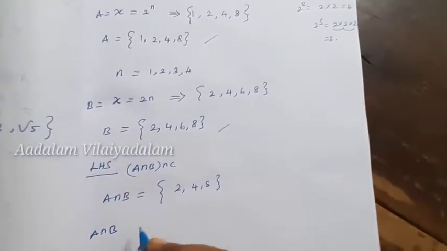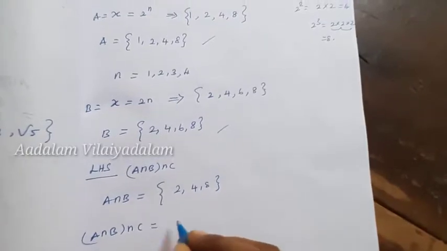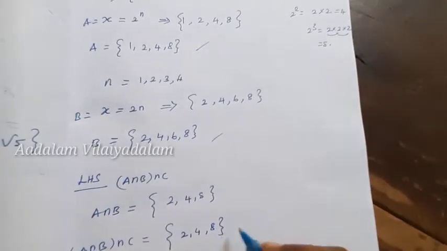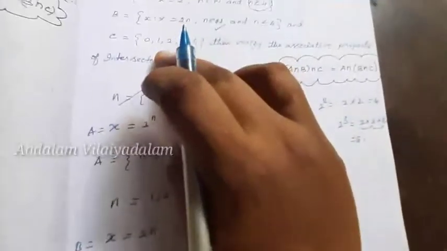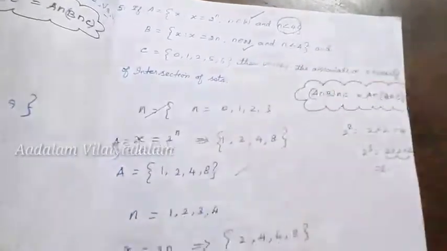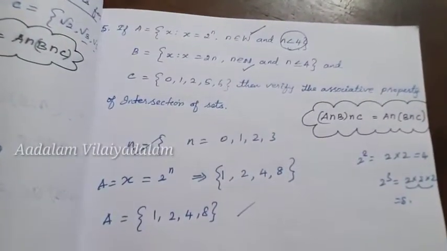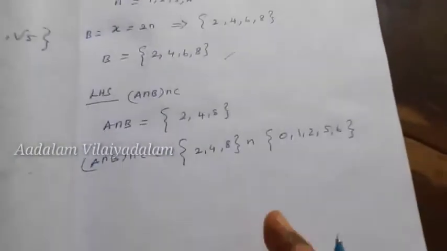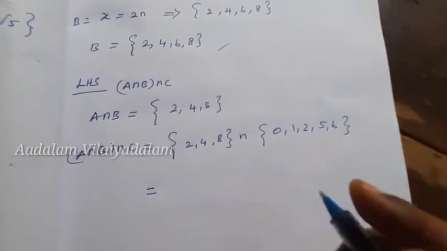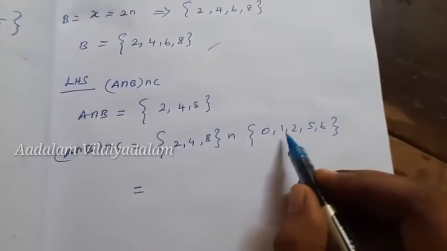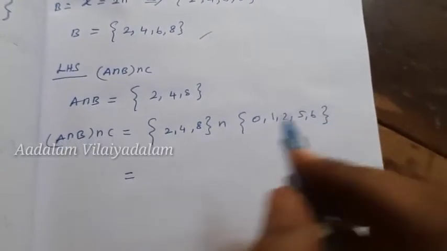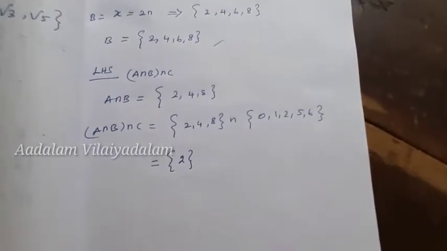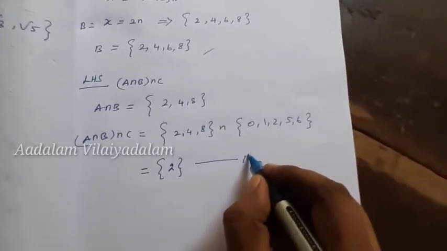Then we are going to compare the 2, 4, 8 with set C, which is 0, 1, 2, 5, 6. Then the intersection is 2. So only 2 is common between these two sets. So keep this as equation 1.